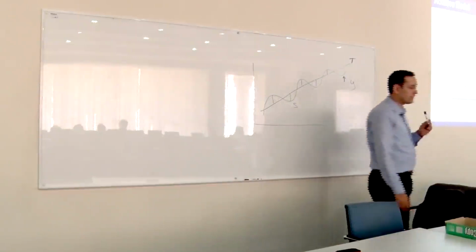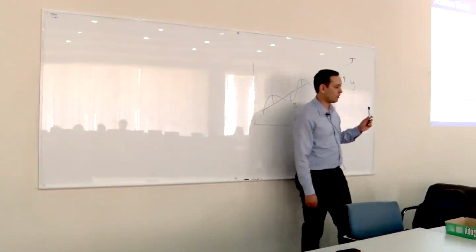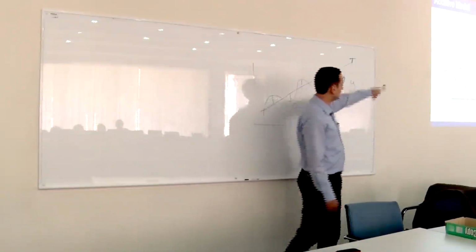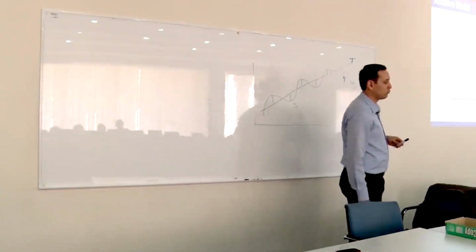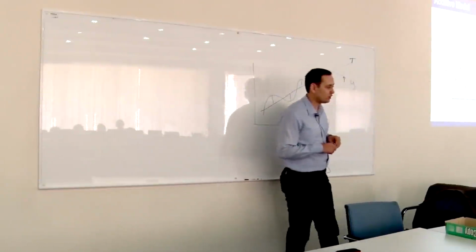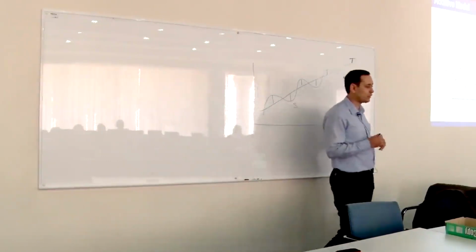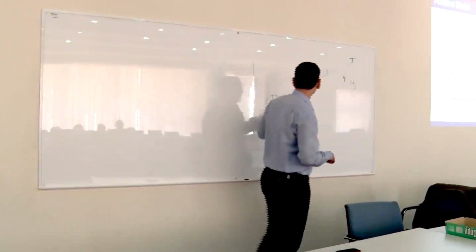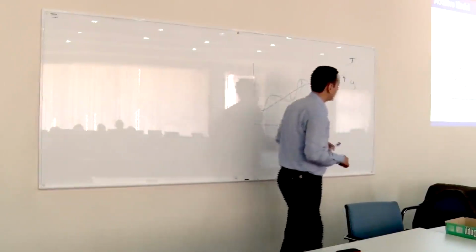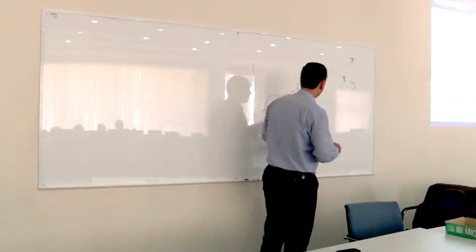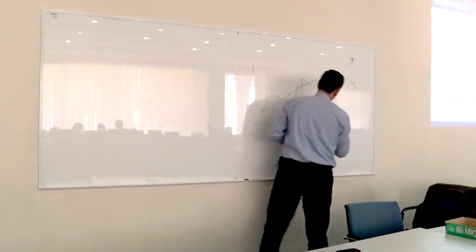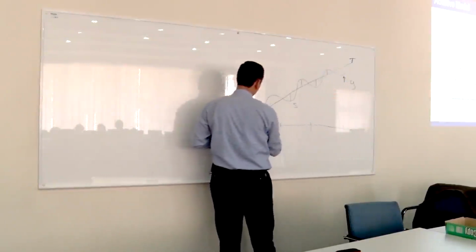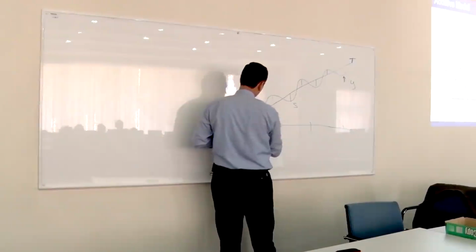Now, this is how it looks. Okay, so this is something that I drew on the board, right? So the blue line is the actual figures. The red line is the trend, and S is the seasonal variations here. These are the seasonal variations. All right, and you have to make sure that you have the time here, and you have to make sure that the times are actually divided into years or the quarters.